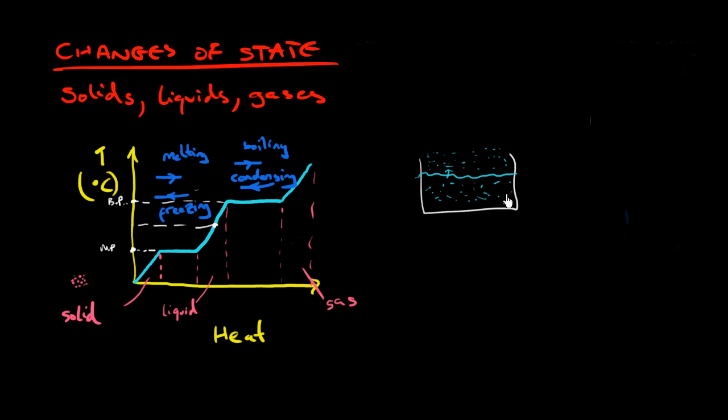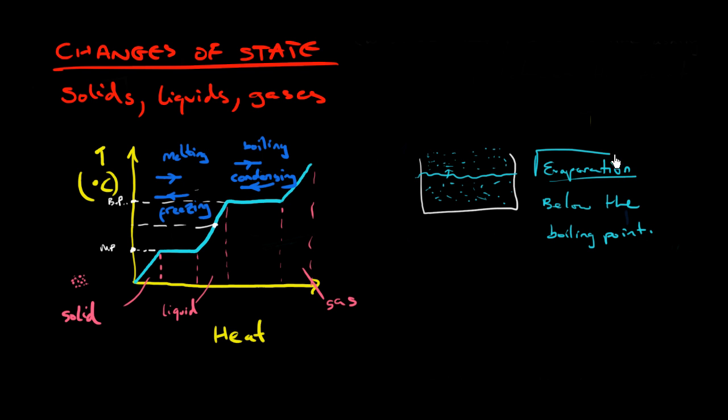Okay, so we call evaporation the process where material goes from liquid to gaseous below the boiling point. If it happens at the boiling point, it's called boiling, and that's when you see the bubbles coming up and it's boiling away the liquid.